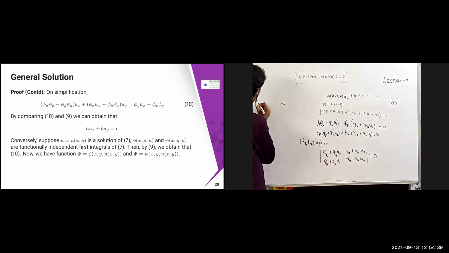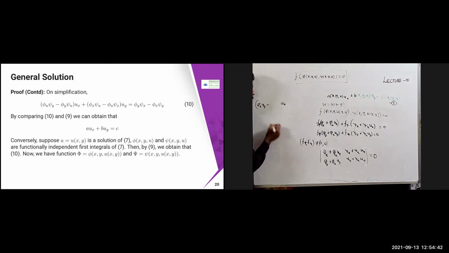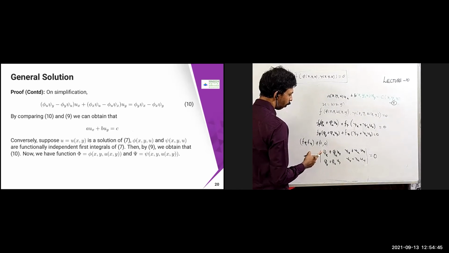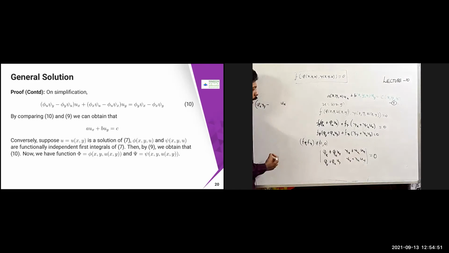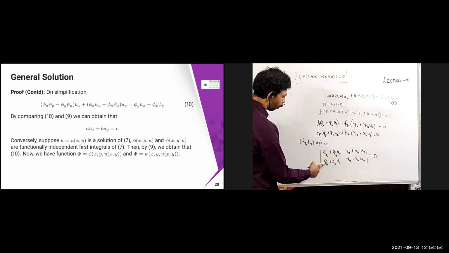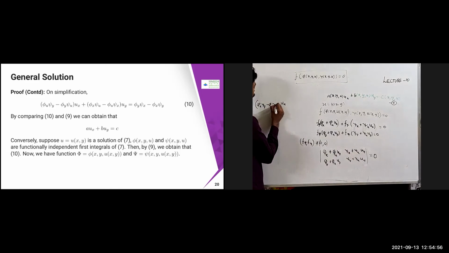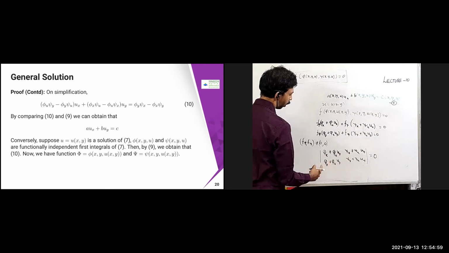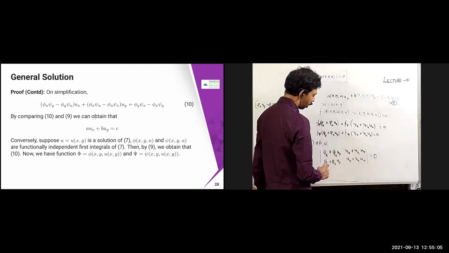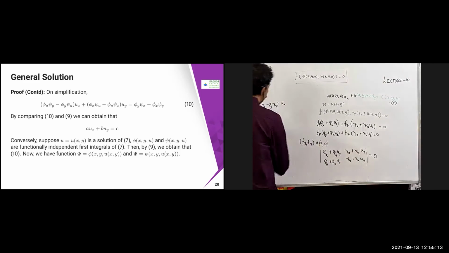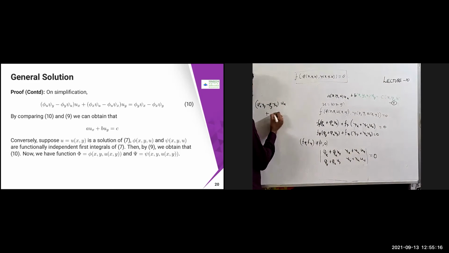Then there is another ux, so pi y into psi u is going to come. I take the ux component and multiply: pi x multiplied with pi u multiplied with psi y, and pi y multiplied with psi u. You make a simplification and then obtain these values.